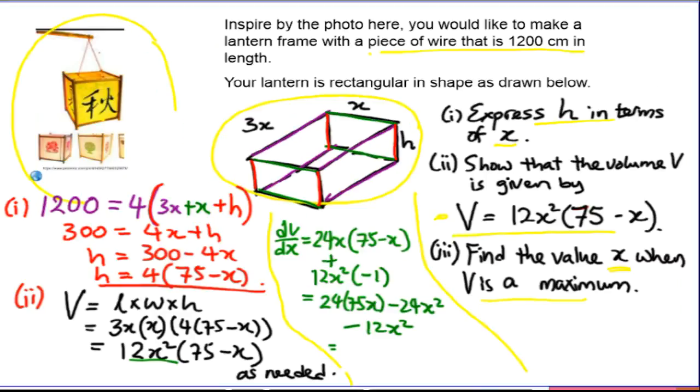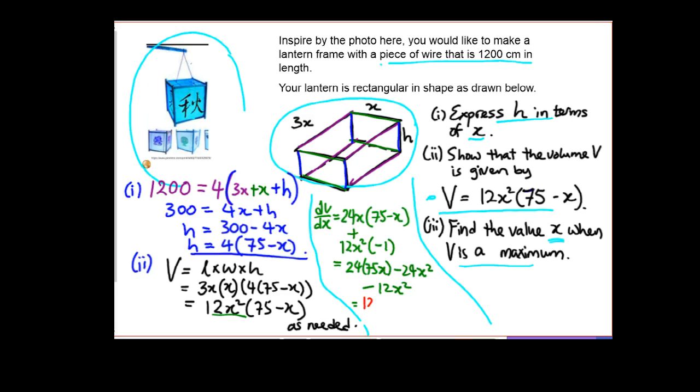This is, take out the common factor 12x. And then inside the bracket, I will have, in this case, 150 minus 25, minus 25 minus 12 is minus 36. So in this case, it is 3x. All right, so I have this.